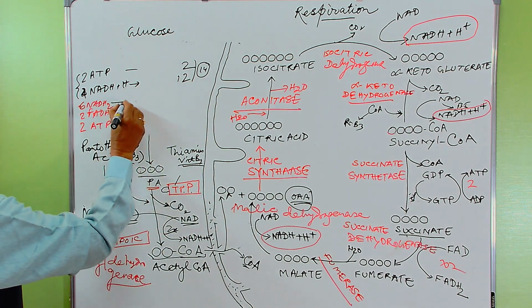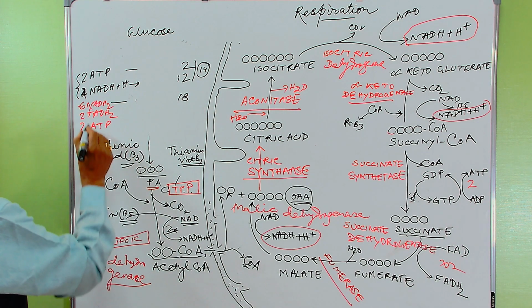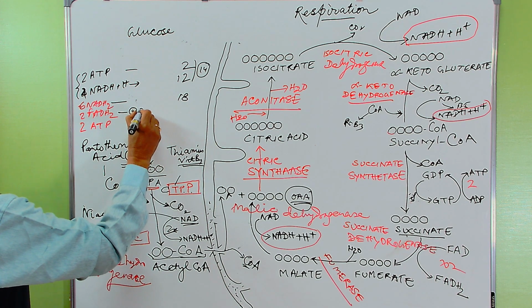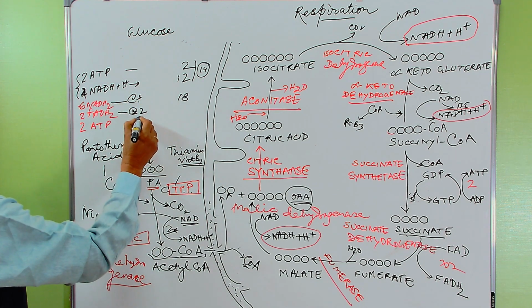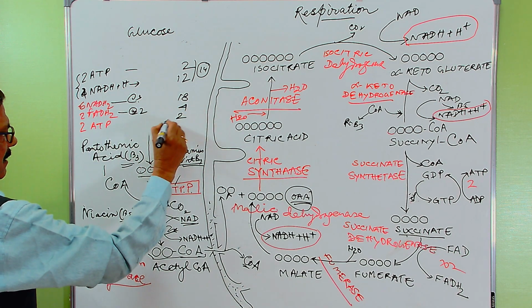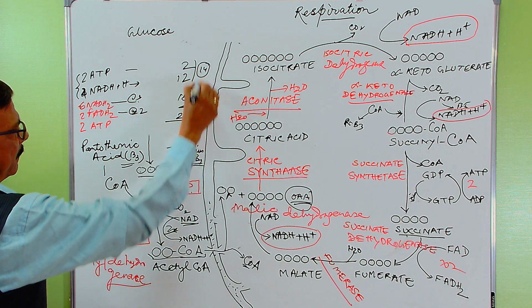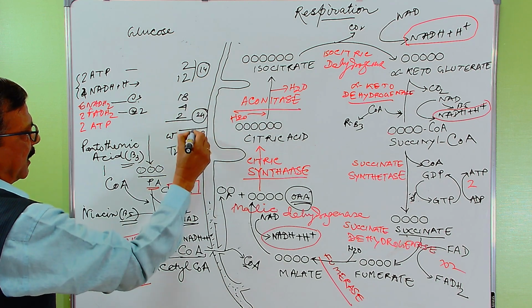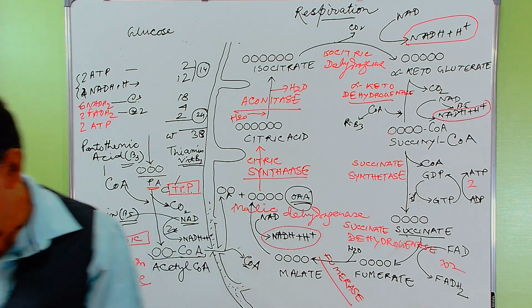Here 6 NADH2 is 3 sixes, 18 ATP. 2 FADH2 at the rate of 2 ATP each gives 4. Adding, the grand total is 38 molecules of ATP produced.